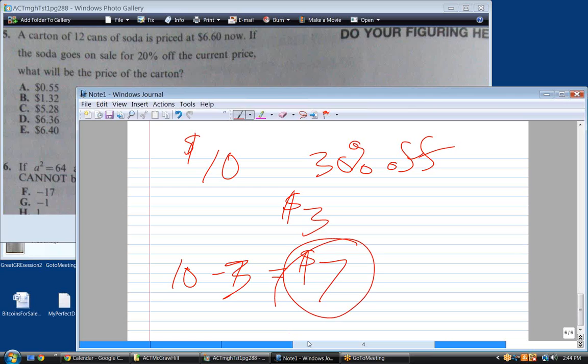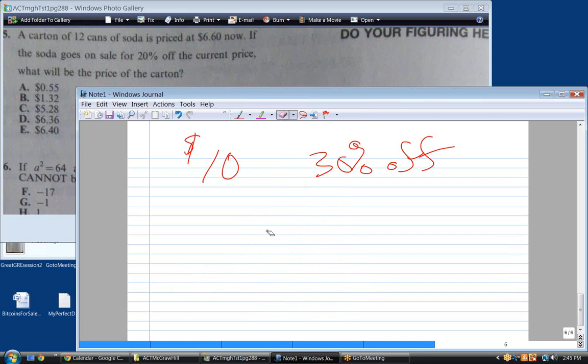However, that's two steps, because I had to multiply 30% times 10 to get 3, and then take 10 minus 3 to get 7. It would have been much faster if I would have taken 70% of 10. In other words, 30% off means 70% of the original price. 70% of 10 is $7.